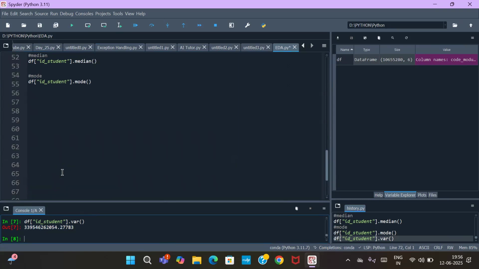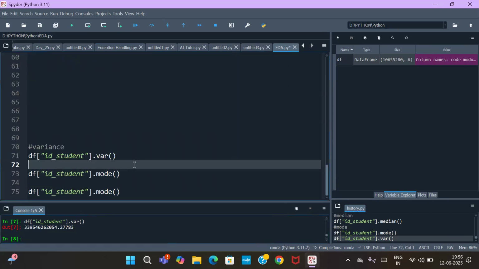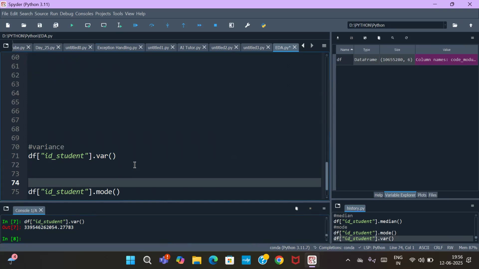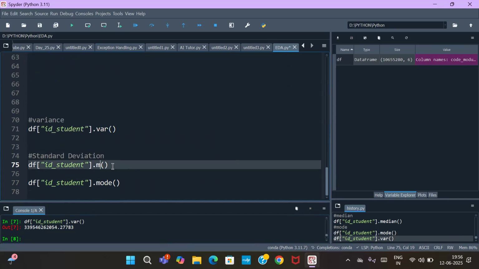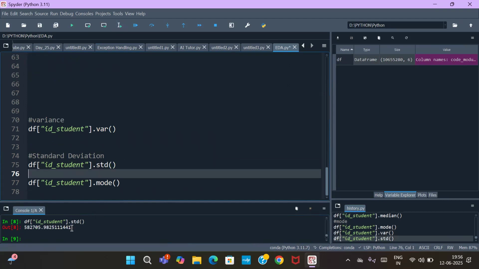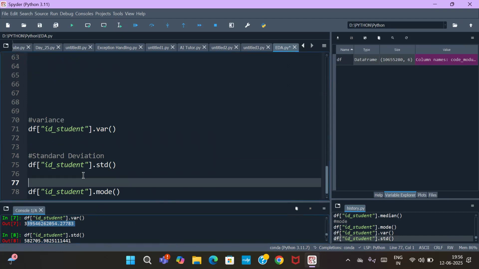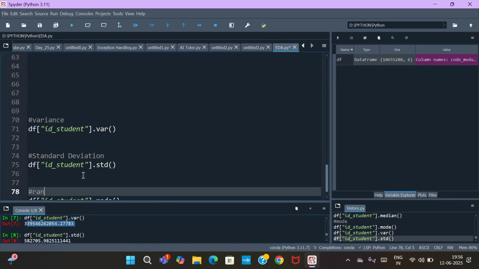And again, if I want to see the standard deviation, simply I will write here std. STD here means standard deviation. If I execute this line of code, you can see here, this is my standard deviation and this is my variance.